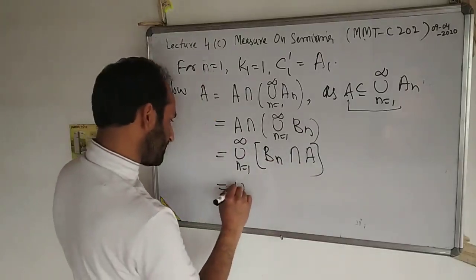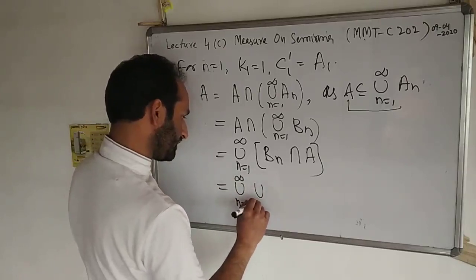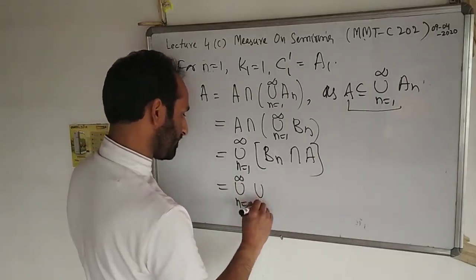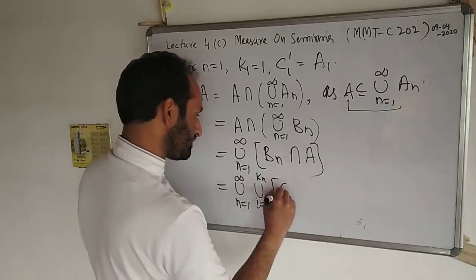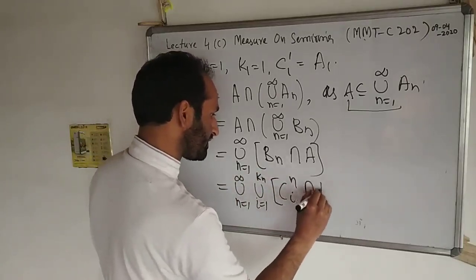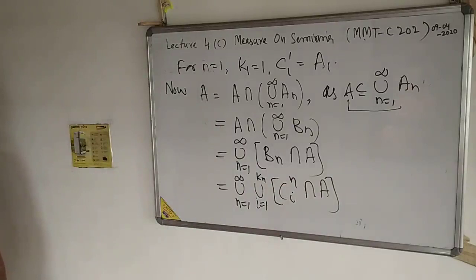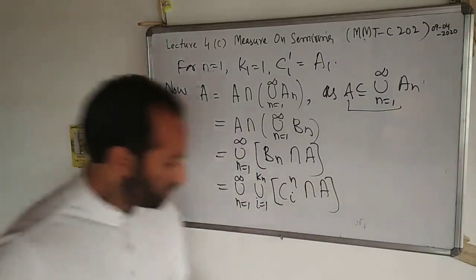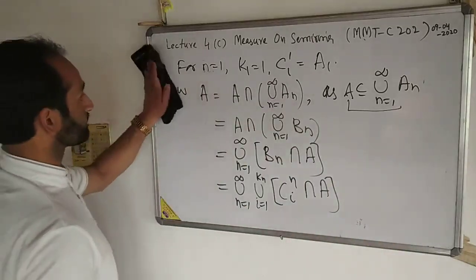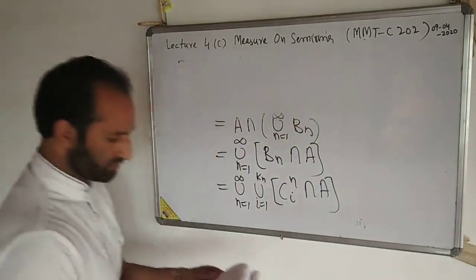This is equal to union n runs from 1 to infinity, and B_n is union i runs from 1 to K_n, this is C_in intersection A. Yes, that's good. So this is your A.